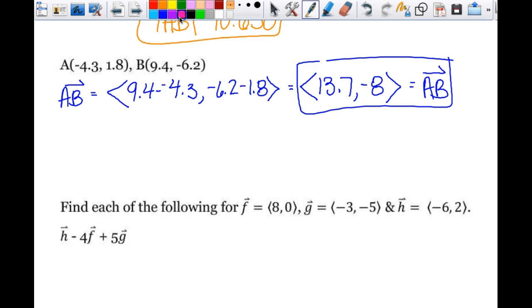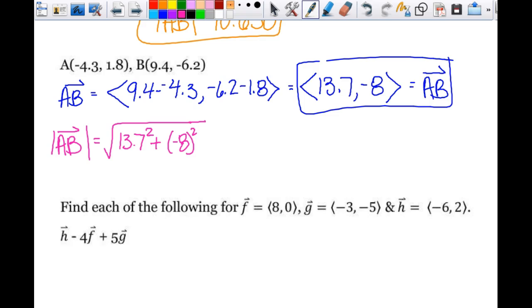All right, so then we want to find the magnitude. So that is very simply the square root of x squared, 13.7, plus -8 squared. And you can type all that in your calculator. My suggestion to you would be don't even type in the negative.